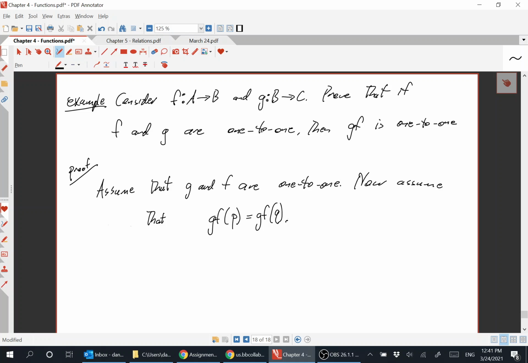We need to show that p and q are equal. All right. So assume that this is the case. So by definition, gf of p is g of f of p, and this is g of f of q. And now because g is what?